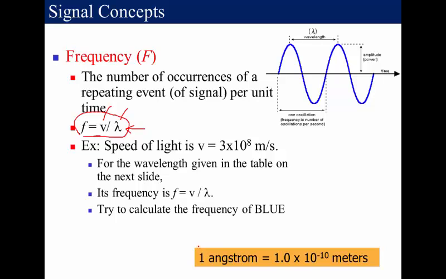If we have 3,000 angstrom difference, then 3,000 times 10 to the negative 10 meter, therefore 3 times 10 to the negative 7 meter. Meter and millimeter, micrometer.